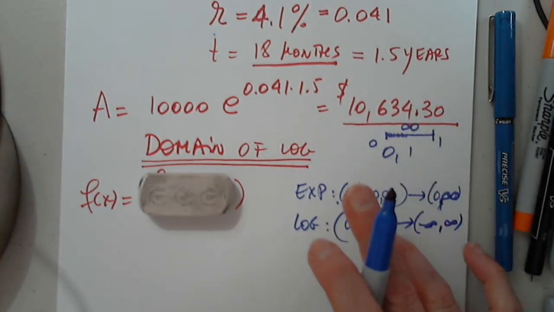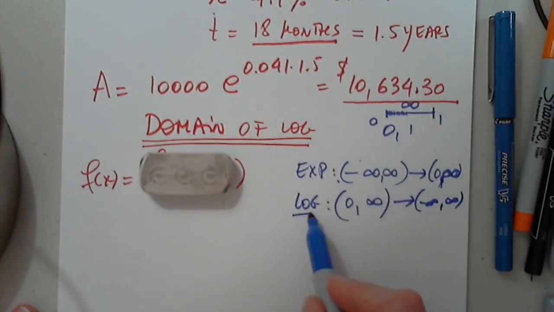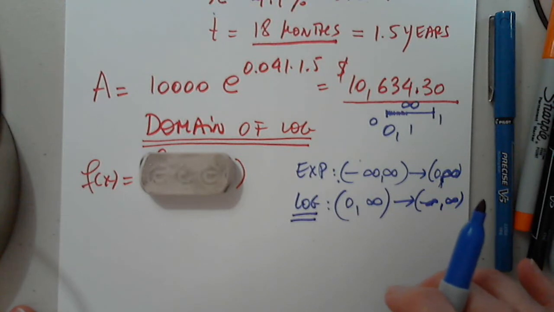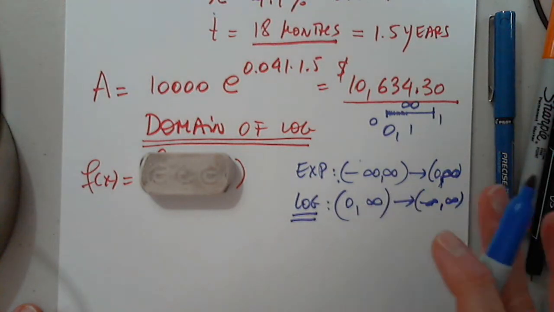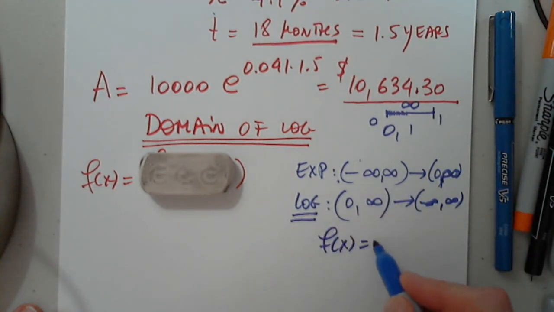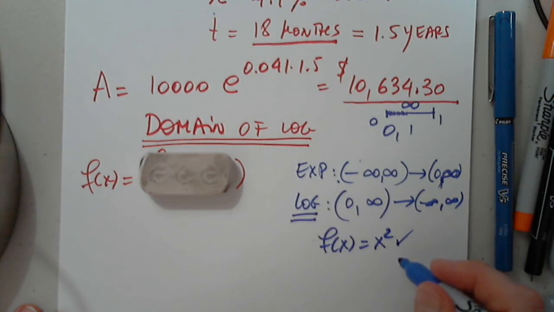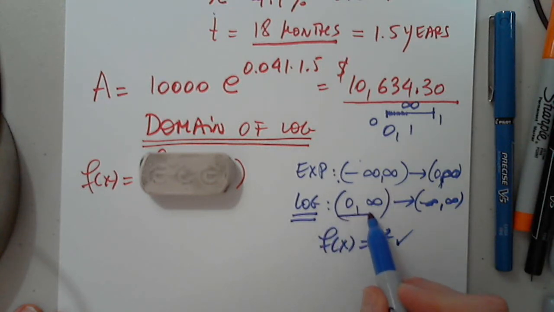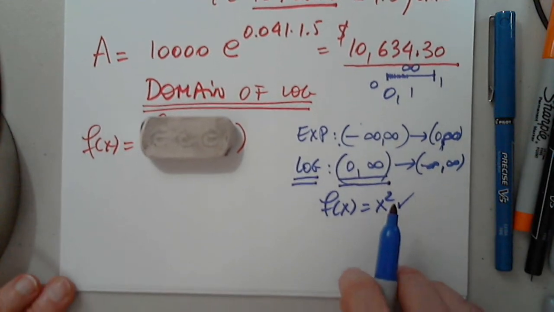So what I understand from this is log is not a friendly function. What I like to call friendly is a function like f of x equals x squared. Quadratic for me is friendly. I don't have to worry about its domain. Log for me is not a friendly function because it's not defined everywhere. I have to worry about it. Like the square root.